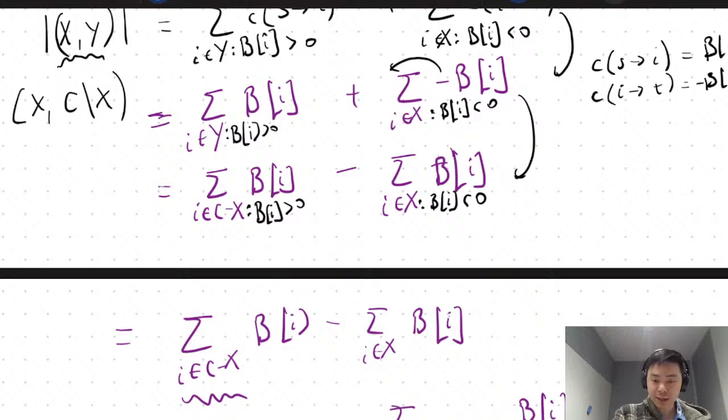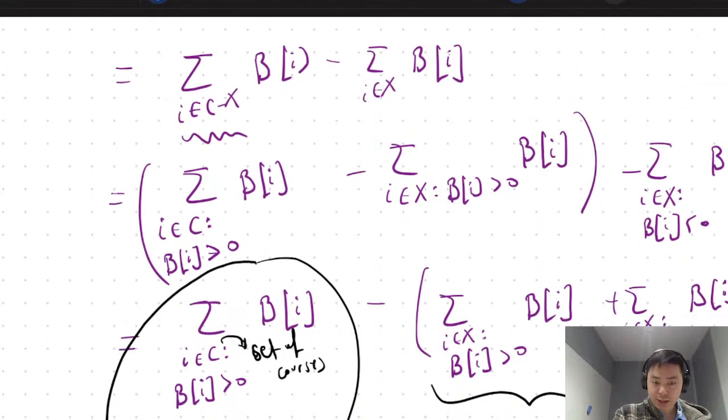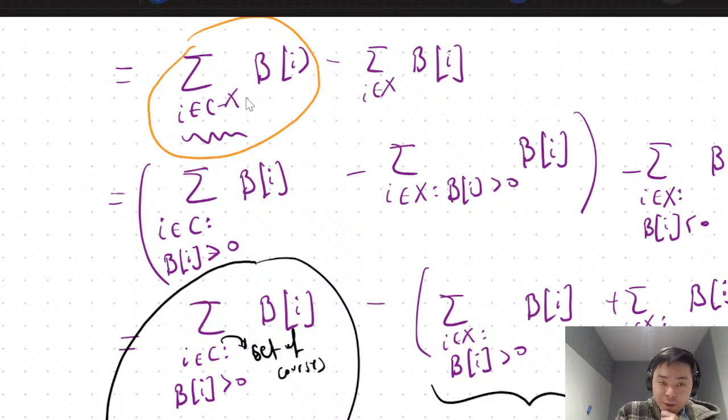Okay, so from here, I've just rewritten it here. So now we're getting into the more tricky part of the analysis. In the first part of my sum, remember that everything here is still in terms of the benefit being positive, and here, everything is in terms of the benefit being negative. So from here, we're going to break it down into two parts.